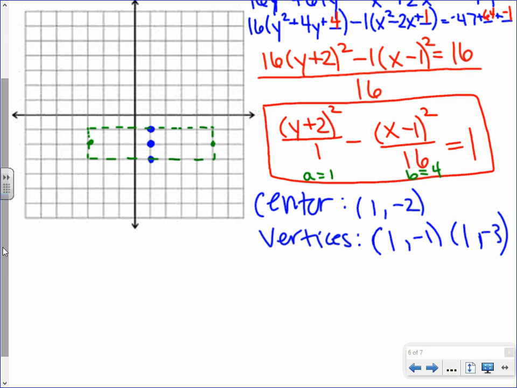With your invisible rectangle, go ahead and draw your asymptotes through the diagonals.